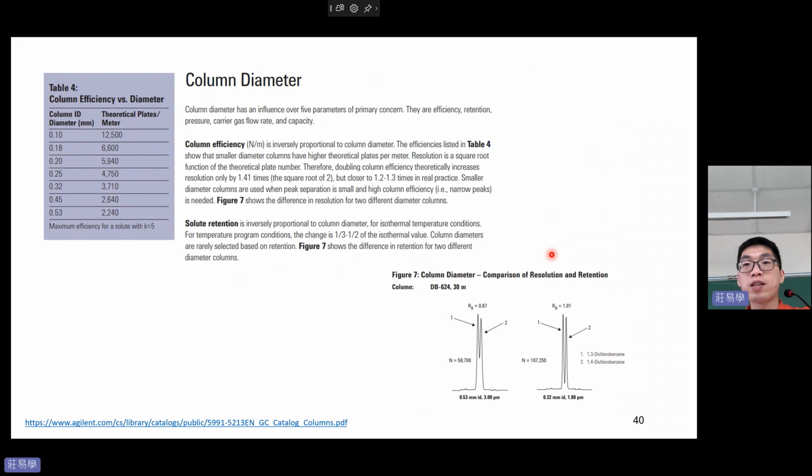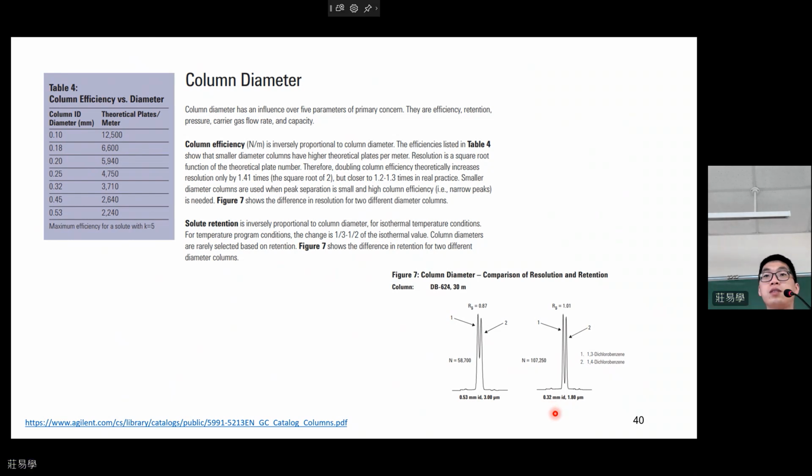So if we compare these two chromatograms for these two compounds, if you use this column with a 0.5 millimeter inner diameter, versus this column, which features a 0.3 millimeter inner diameter, which one is going to have better separation efficiency? Or which one is going to have a better capability to produce sharper peaks?